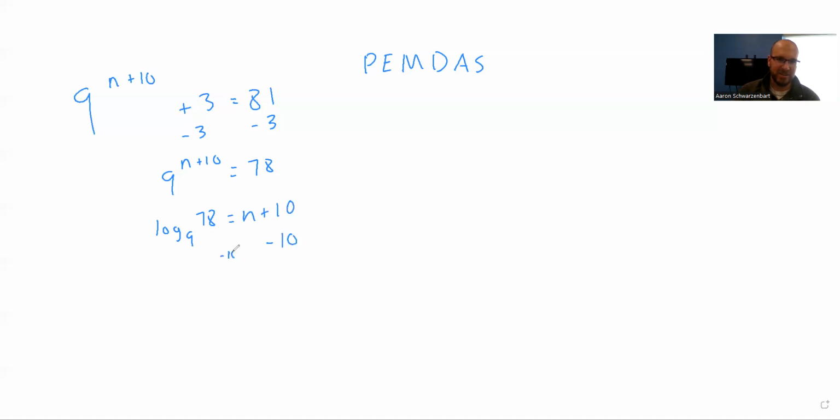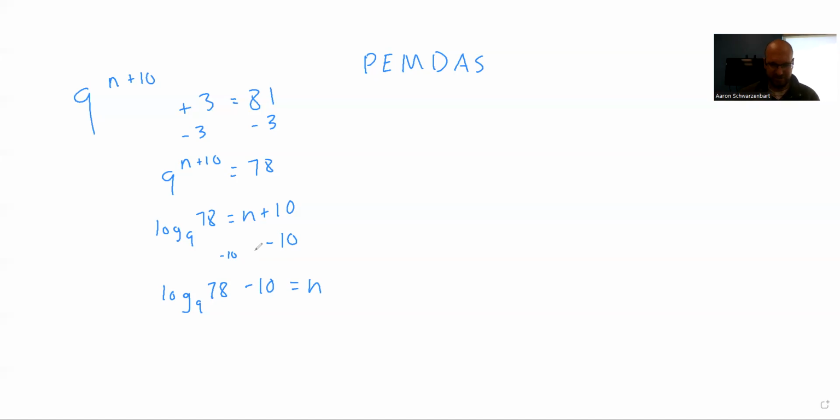Now I'll subtract 10. I didn't deal with this plus before because it was in the exponent, so it falls at the parentheses level when it's in an exponent. So n is equal to log base 9 of 78 minus 10. Okay, and I'm going to use a calculator to do that.